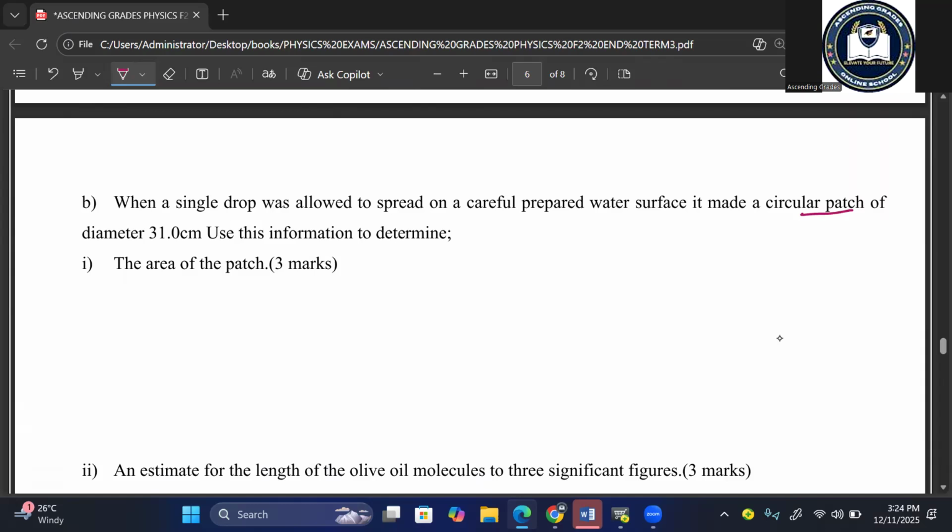So what will be the area of the patch? The area of this patch, it is circular, so it is given by pi r squared.